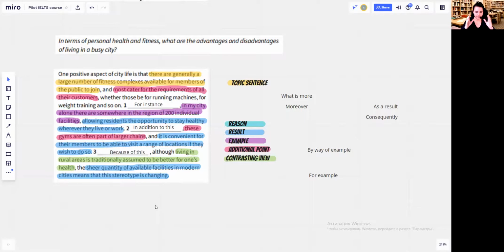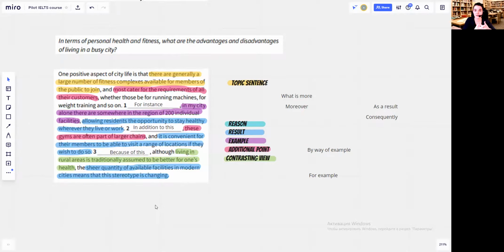Just to reiterate, you start with a topic sentence, a sentence that basically answers the question in the task. Then you develop it using the 5 functions.